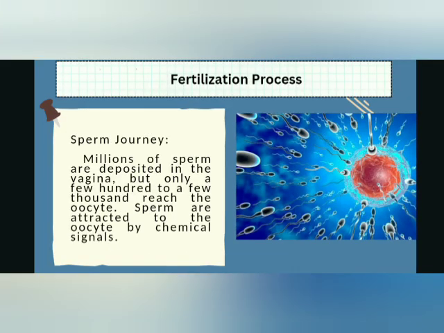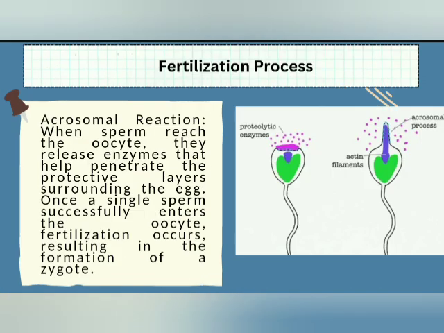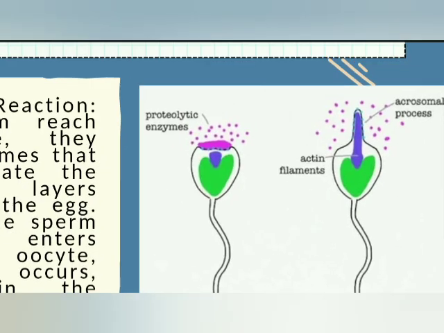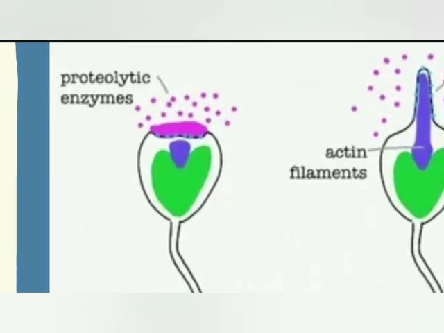Then they try to break into the egg cell. After that, the acrosomal reaction occurs. When sperm reach the oocyte, they release enzymes that help penetrate the protective layers surrounding the egg. Once a single sperm successfully enters the oocyte, fertilization occurs, and it forms a zygote.